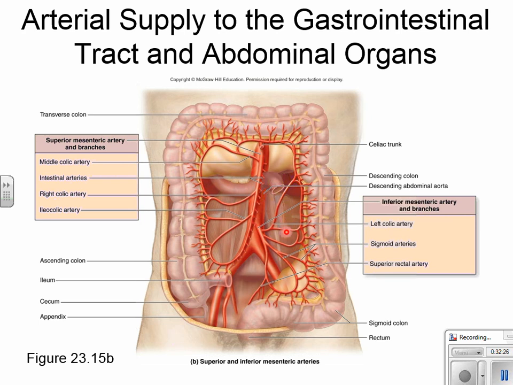Here's the ileum. So you don't see all of the small intestines. That's what these little bitty tributaries are going to. And all they called it was intestinal arteries, right? So superior mesenteric is also powering most of the small intestines.